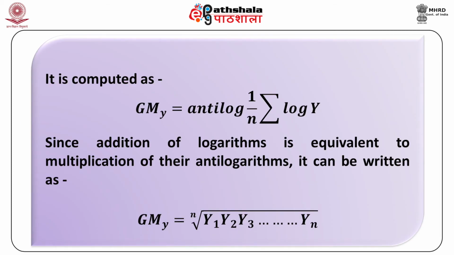Geometric mean is computed as GM equals antilog of 1 upon n summation log y. Now, since the addition of logarithms is equivalent to multiplication of their antilogarithms, it can be written as GM equals nth root of y1 into y2 into y3 till yn.